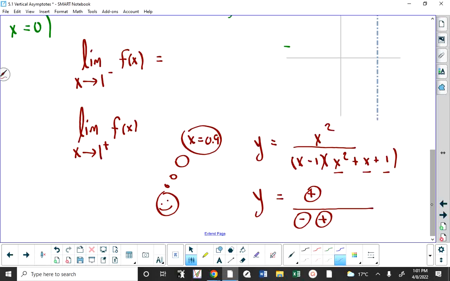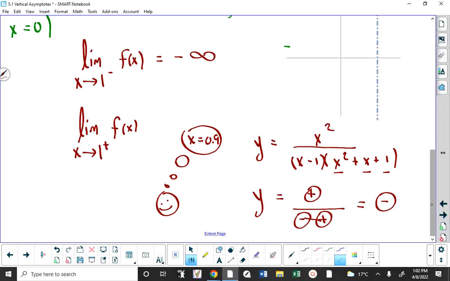So I can see, looking at this, that I am going to get an output that's negative. What does that mean? It means that without actually calculating y, I know that this limit will be negative infinity.